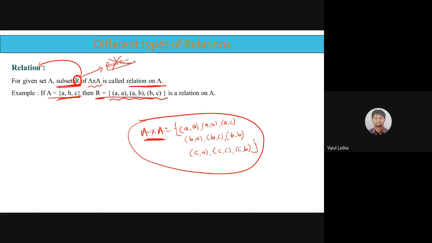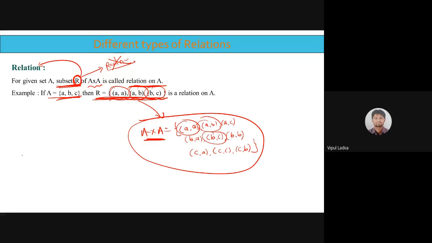Now observe this particular set R. This particular set R is a subset of this. (A,A) is present over here, (A,B) is also present over here, (B,C) is also present over here. We all know that one set is a subset of another if all the elements of the first set are present in the second one.